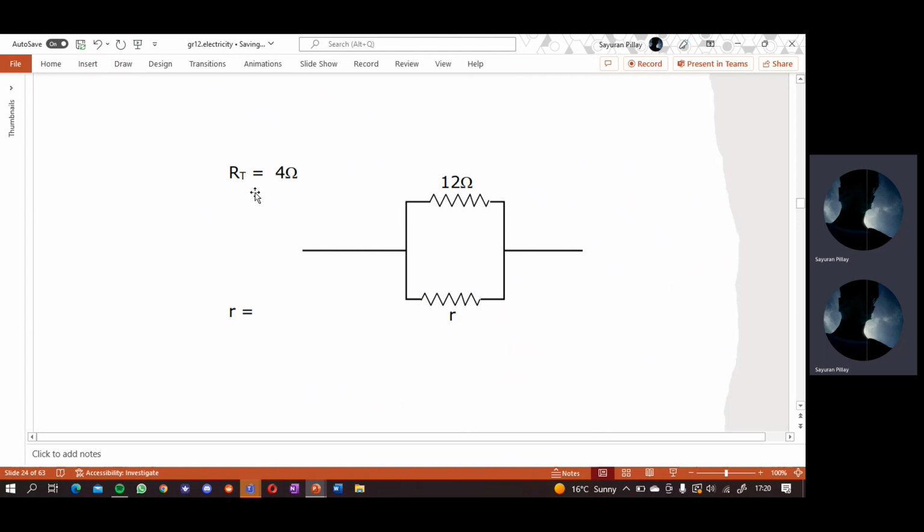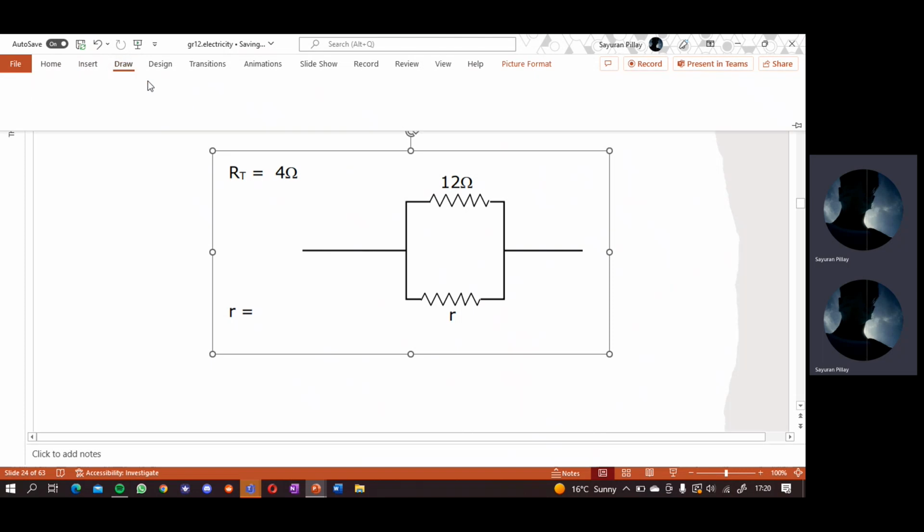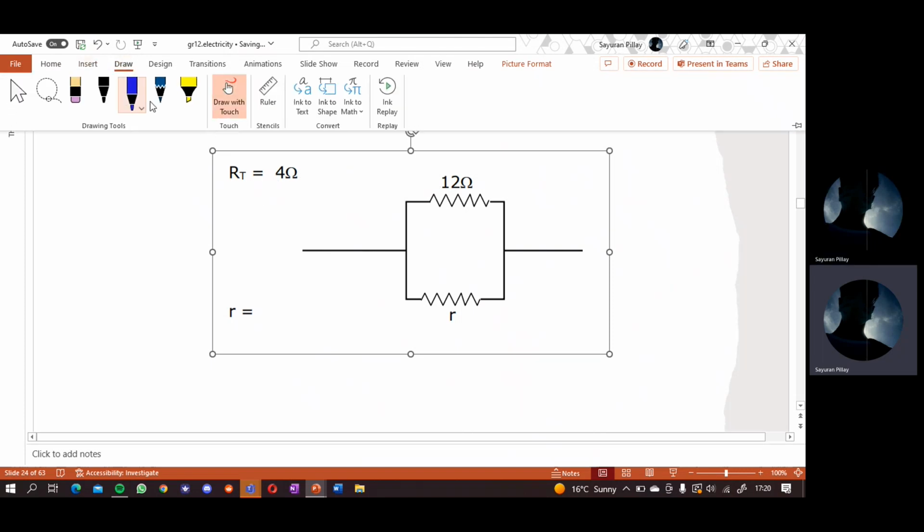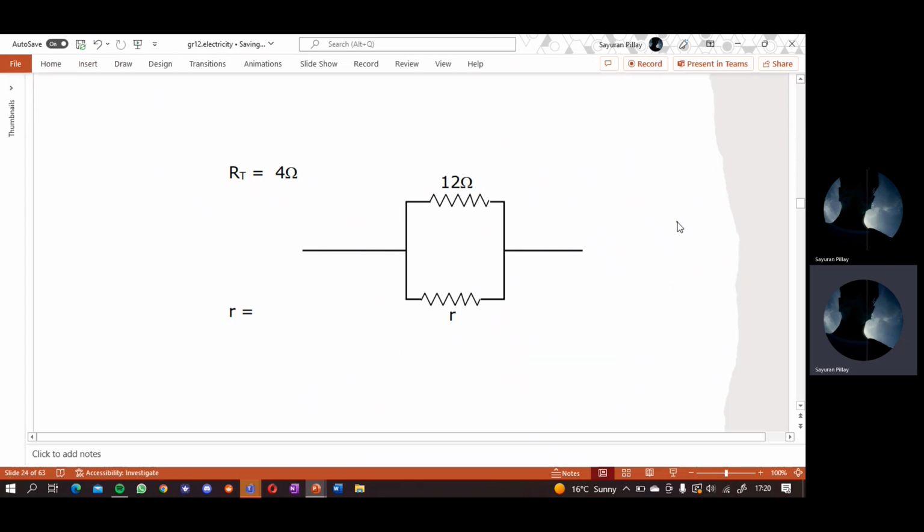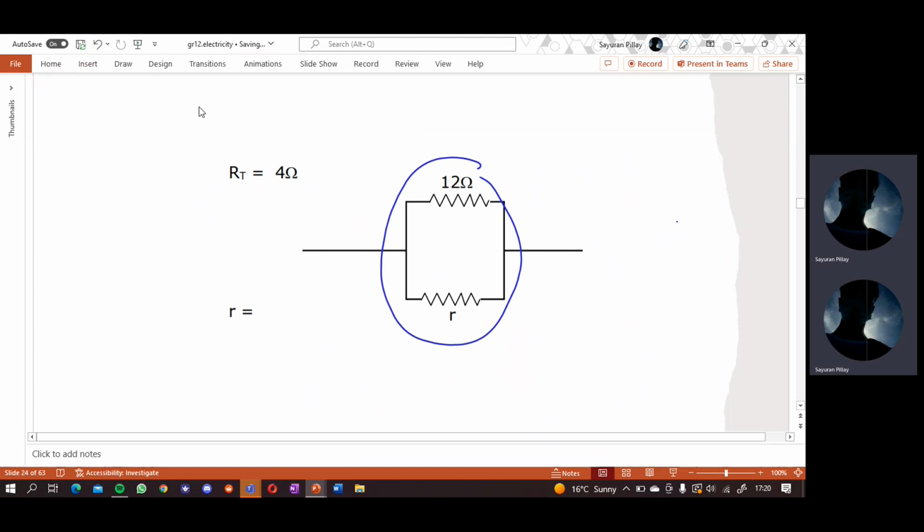Now, same situation here, a little bit more interesting, rather. This RT is 4 ohms. Okay, so we can ring this. And let's write it down.